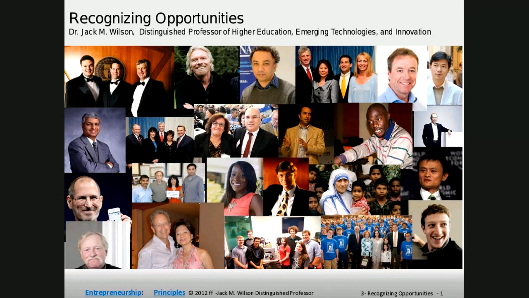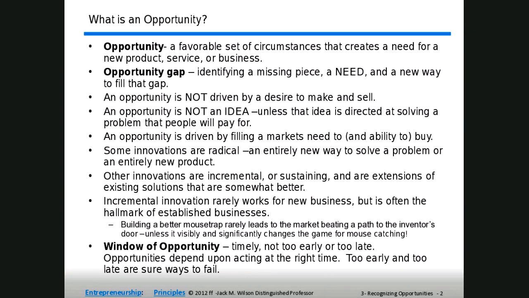But just to review some of the definitions that we're going to use on opportunity. An opportunity comes because someone has a problem, something that needs to be solved. Basically, an opportunity is a favorable set of circumstances that creates a need for a new product, service, or business.